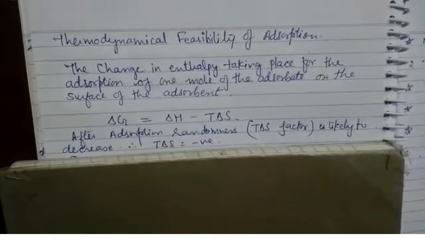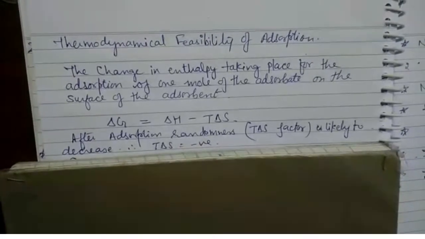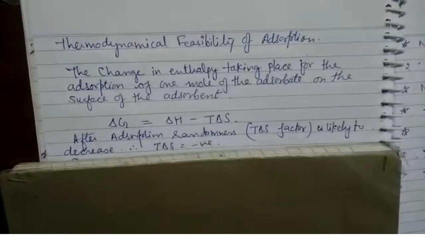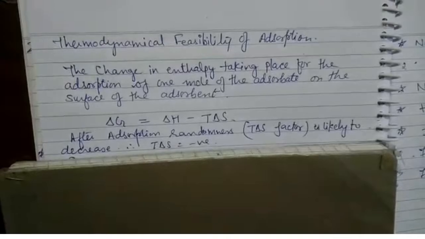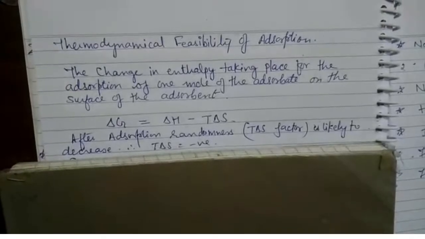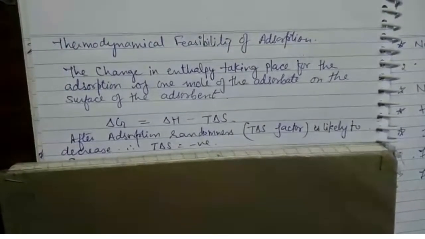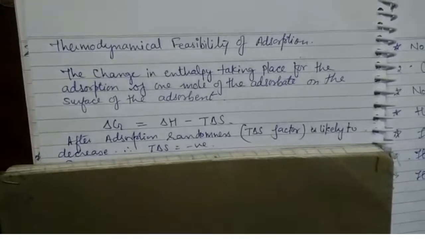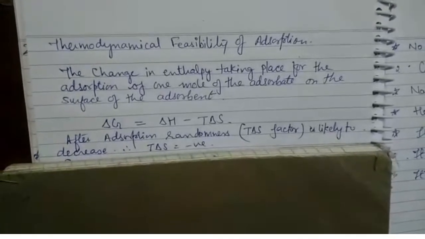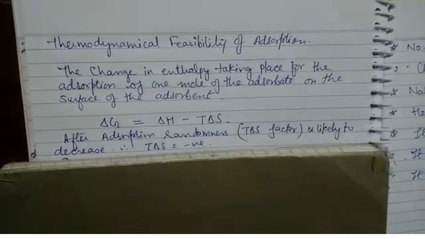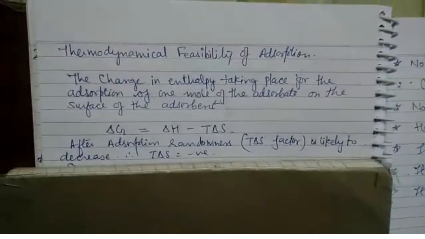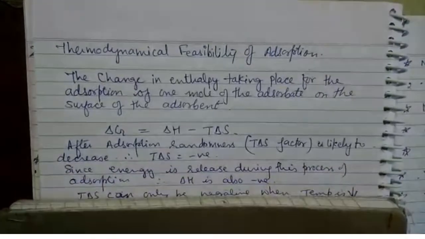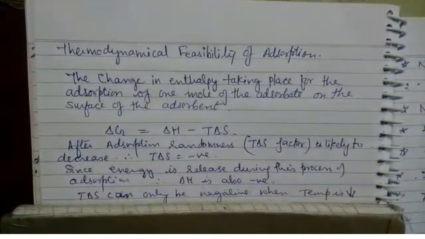Whenever a molecule of liquid or gas is attached to the solid surface, its randomness becomes less, therefore the entropy factor becomes negative, and this T delta S will become negative only when the temperature is low. As I have told you, during this process of adsorption, heat is released, therefore the enthalpy factor, that is delta H, is always favorable and always negative in this process.